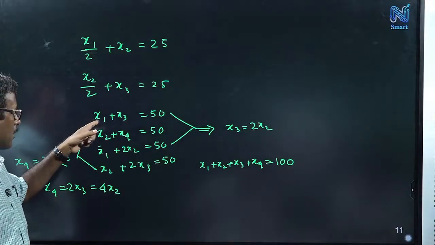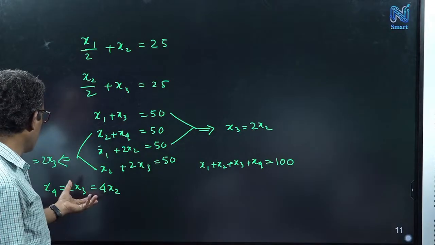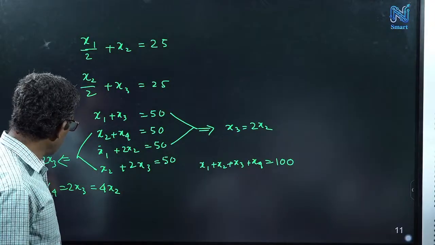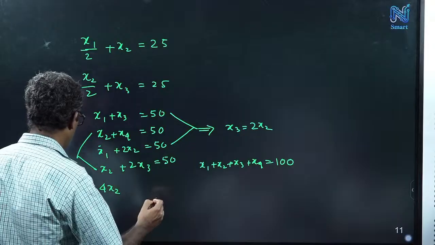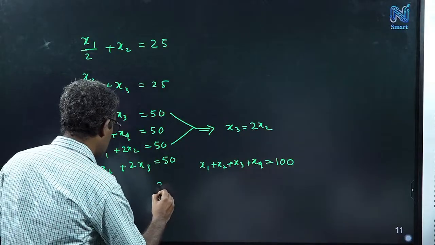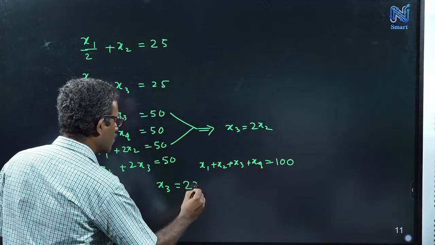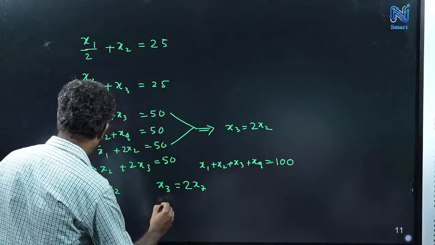What is x1? x1 is 50 minus x3. So put some x2 equal to say, so replace everything in terms of x2 basically. So x3 is 2 times x2.